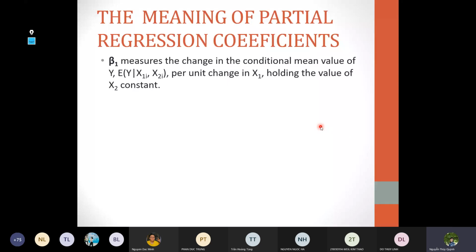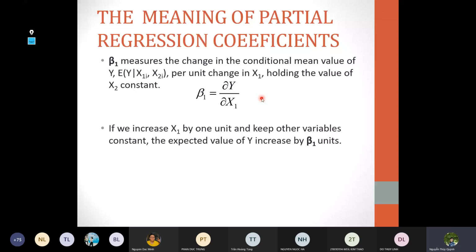Beta 1 here is the first derivative of y with regard to x1, the change in the conditional mean value of y per unit change in x1. It means that when we increase x1 by 1 unit and keep x2 constant, the expected value of y will increase by beta 1 units.